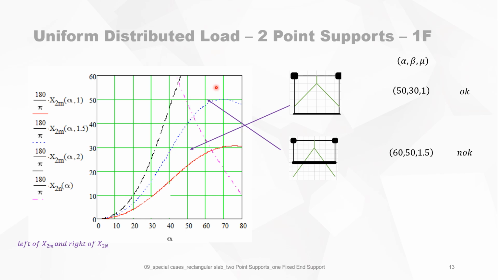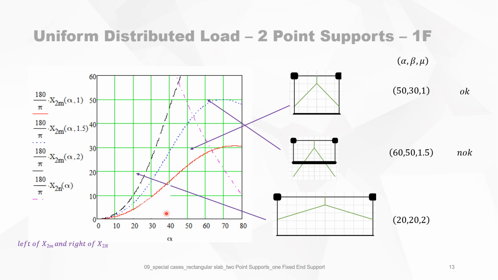But we are on the right side of this curve, so it's not okay, because you can easily see A1 now is negative. Where this yield line is cutting this edge, you see this is negative. So it's not okay. And a further example, for instance, when you have a combination for the black curve where mu is 2, then we must stay on the left-hand side of the black curve.